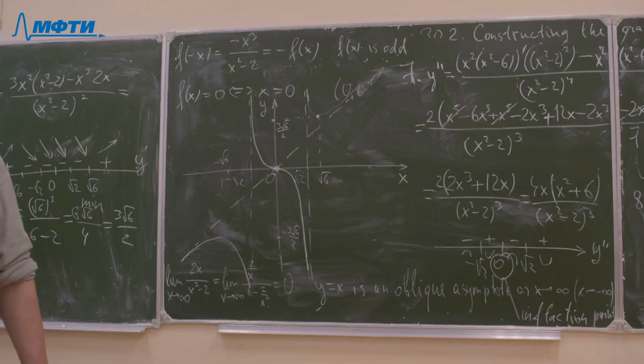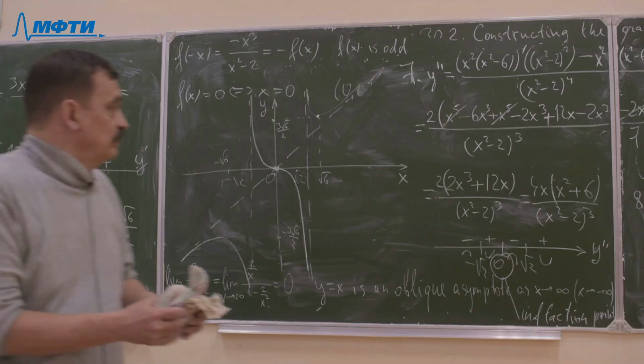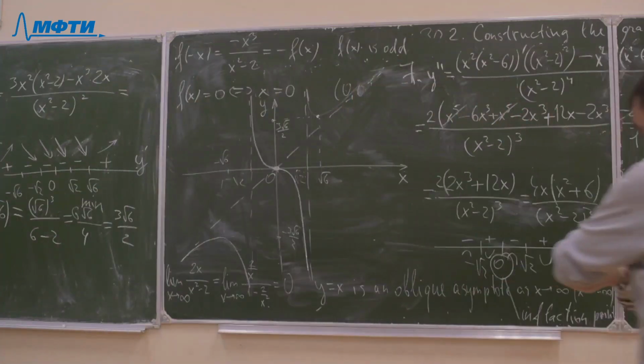And it seems practically the graph is almost the same up to some numerical values of the maximum and minimum, right? Nothing else. Okay, that's it.